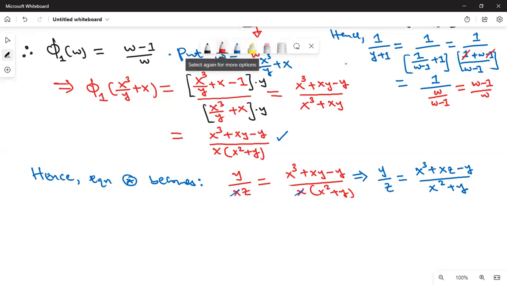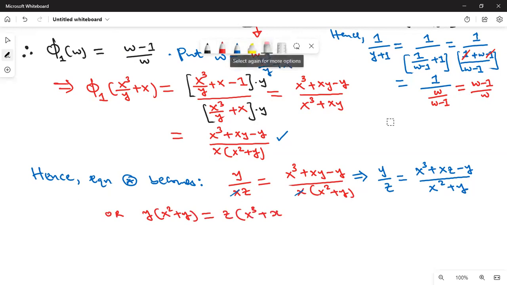Or you could also cross multiply to get y times x squared plus y is equal to z times x cubed plus xy minus y. There's a correction here. I don't know where we got the z from, it should be y, so it's not z. So that's plus xy minus y.